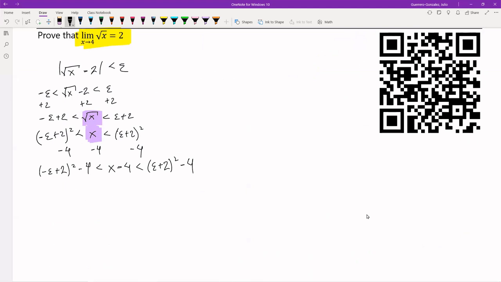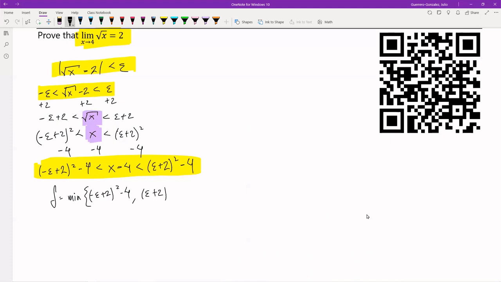Now this statement right here looks like what we did at the beginning. We've sort of found our delta here: minus epsilon plus 2 squared minus 4, and epsilon plus 2 squared minus 4.